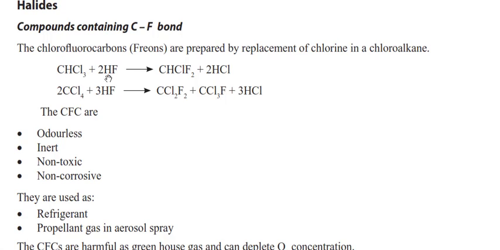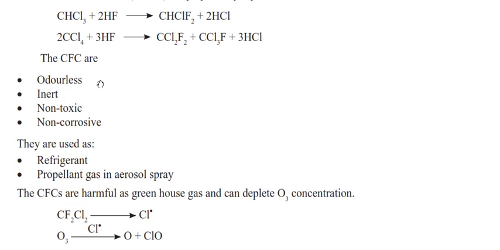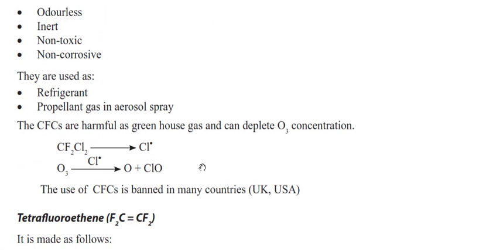For example, if I have chloroform and react it with HF, I will get a chlorofluorocarbon. Similarly, from carbon tetrachloride I can also obtain CFC. They are odorless, inert, non-toxic and non-corrosive, so they are used in refrigerators and as propellant gas in aerosol sprays.